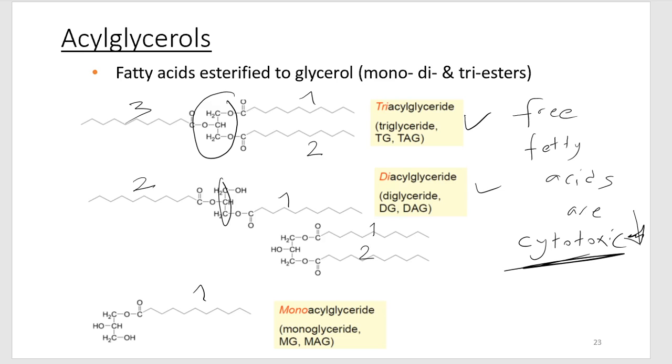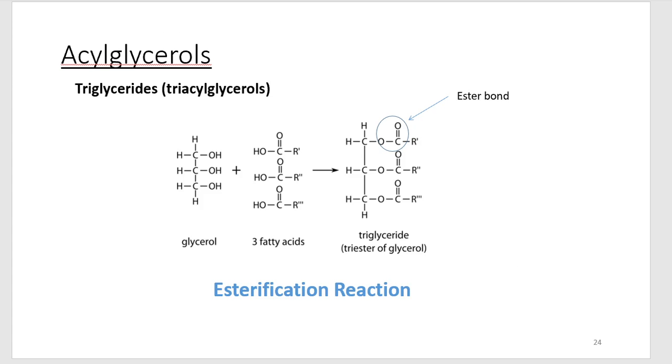Let's see the esterification reaction. This is the esterification reaction to form triglycerides. Triglycerides are the most common type of the lipids, fats and oils. These are the foods that you eat: butter, margarine, olive oil. These are all triglycerides. And this is the glycerol molecule.